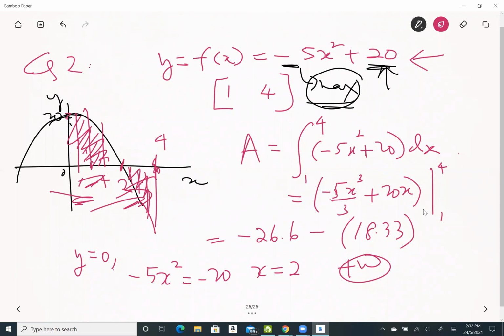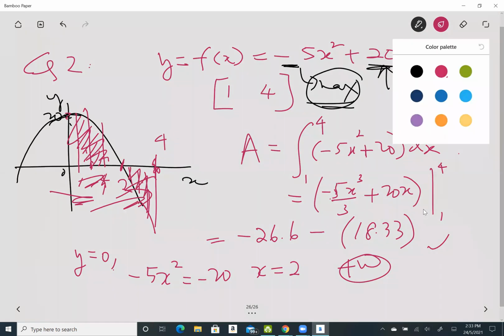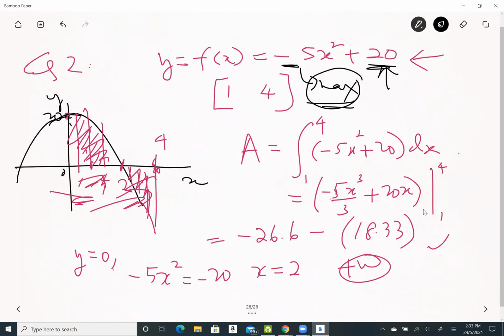All right, so I shouldn't do that. We are not really concerned about negative area. So what we will do is modify the question a little bit, because the x-intercept is actually 2, so it should be from 0 to 2, or I make it from 1 to 2.